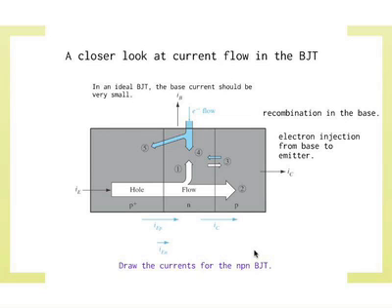And this is always less than 1, because each of these terms is less than 1. Gamma being the hole injection efficiency of the emitter current, what's the fraction of the holes that make up the emitter current. And beta being the probability those holes actually make it to the collector side. We'll revisit that soon.